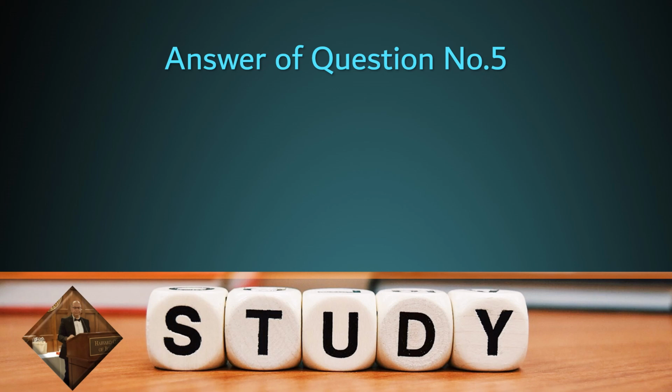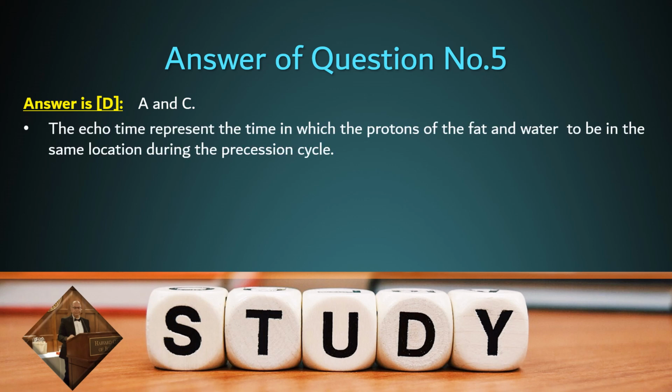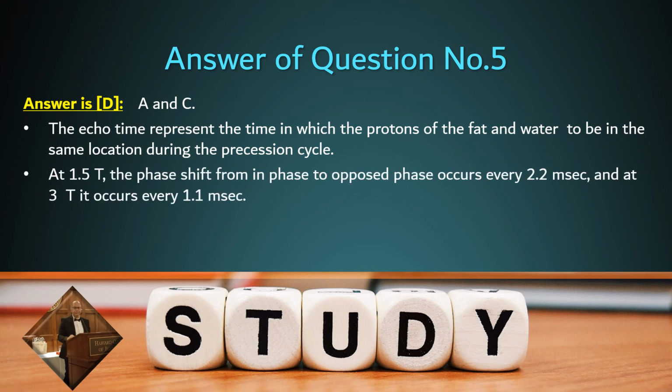So the answer of this question is choice D. The echo time represents the time in which the protons of both fat and water are in the same location during the precession cycle. At 1.5 Tesla, the phase shift from the in phase to the opposed phase occurs every 2.2 milliseconds, and at 3 Tesla it occurs every 1.1 millisecond.